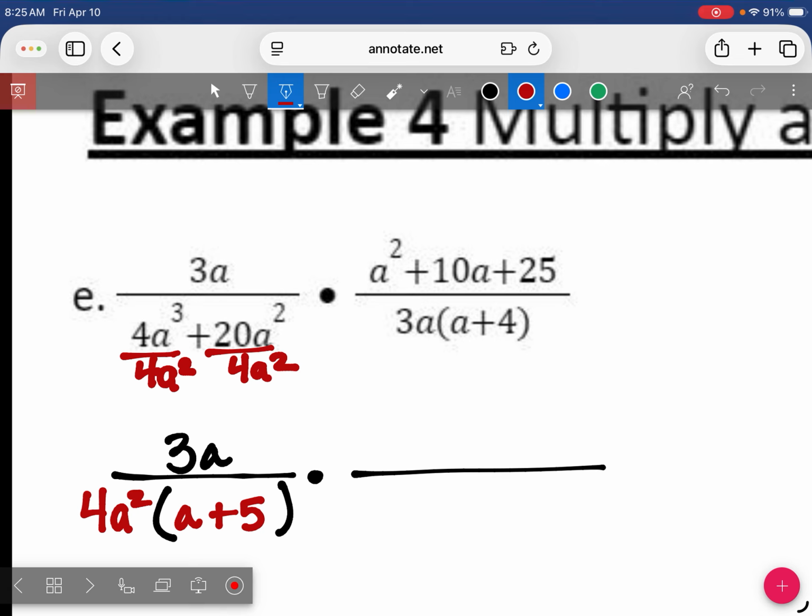Let's move to our second fraction. It has a square. It's not the difference of squares, so let's see if we can factor it down. In order to factor it, we have to find 2 numbers that multiply to 25 but add to 10.